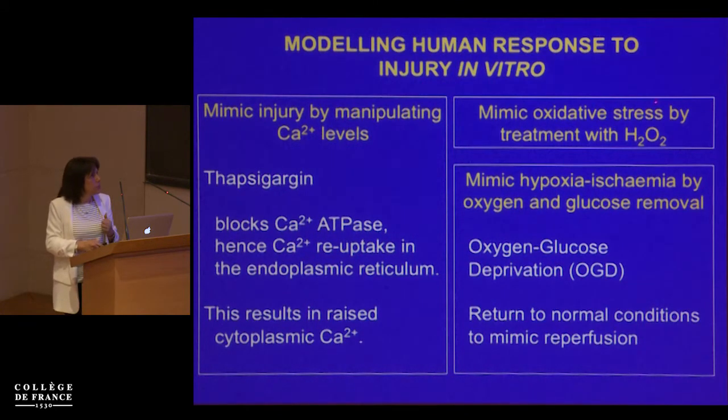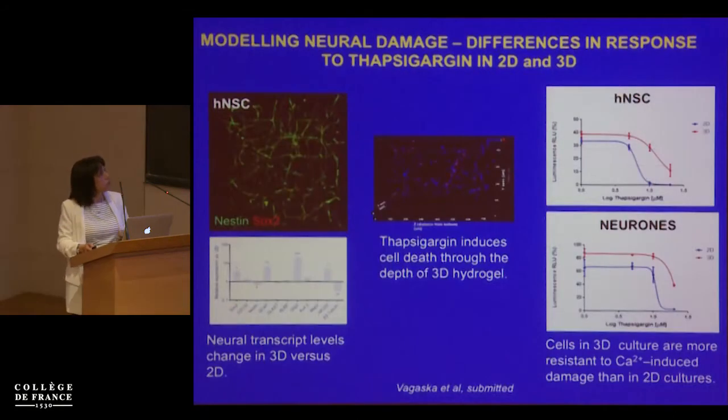Then we have been mimicking oxidative stress by treating with hydrogen peroxide, H2O2, and hypoxia, and I will not discuss the hypoxia today. The other thing that we have been doing is putting quite a bit of effort into trying to establish 3D culture models to have a more realistic tissue-like situation, in a manner of speaking.